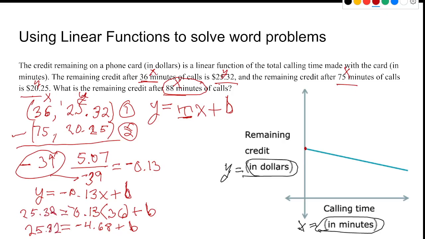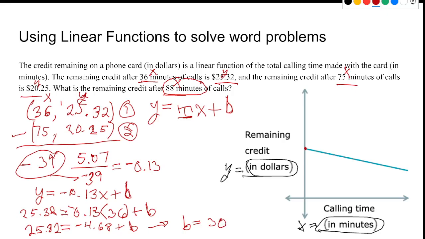Maybe that's it. I just need to slow down when I write. Okay. And so we add the 4.68 over to the 25.32, and certainly we do come up with the value that b equals $30. So that was the initial cost of the card.